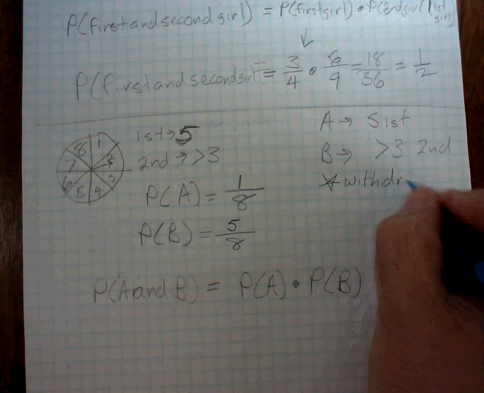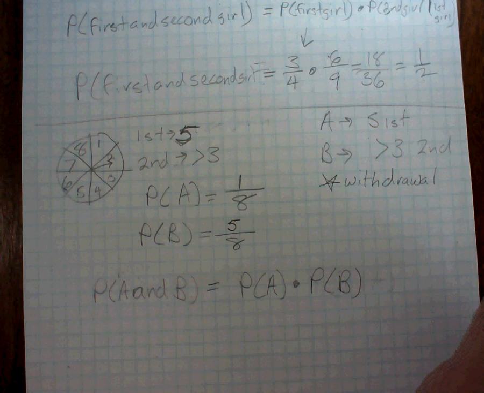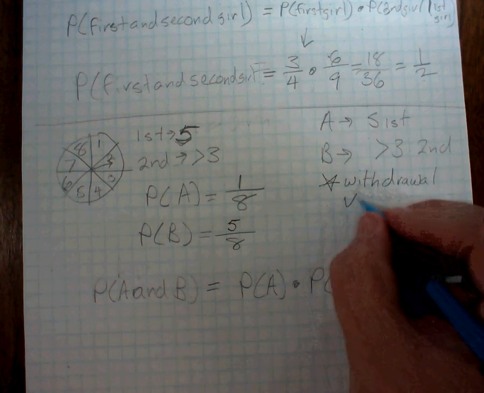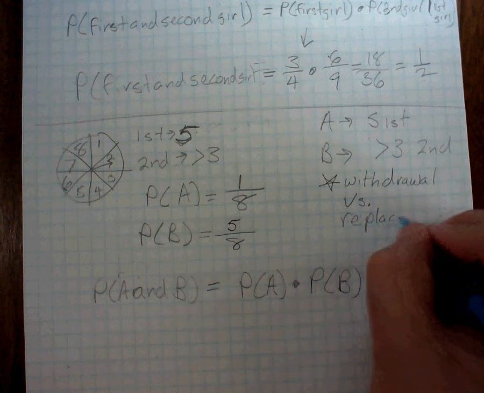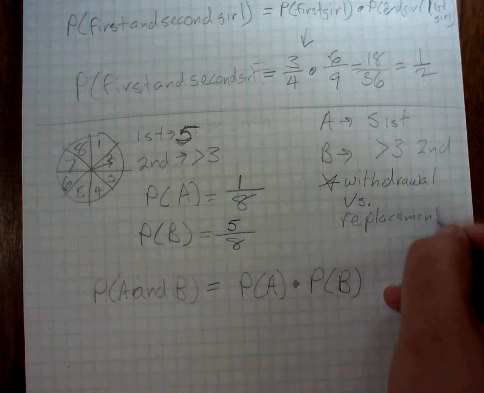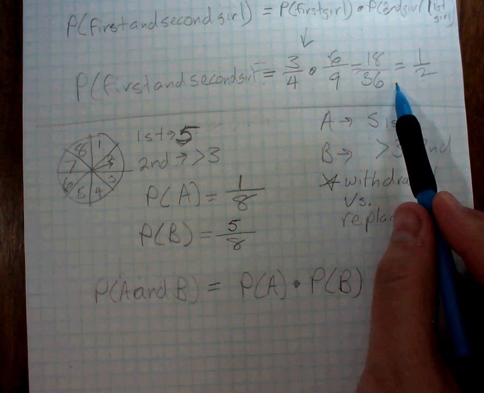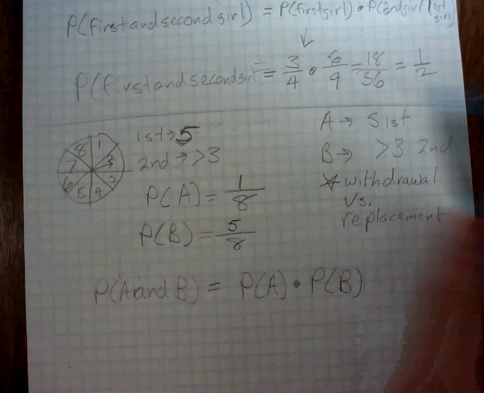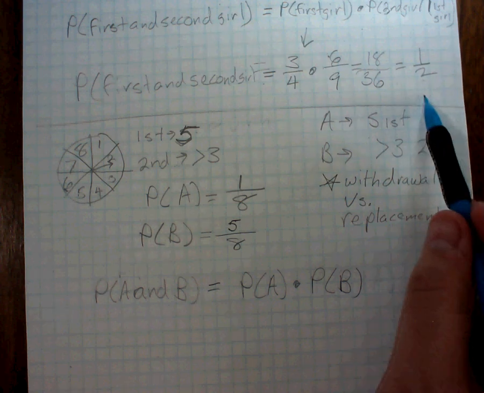In our last scenario, with the girls, when we pulled a girl out, we have one less girl to choose from.